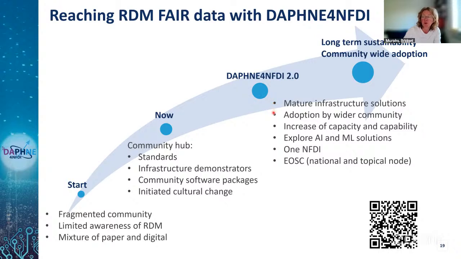And what we want to do there is move to mature infrastructure solutions to get adoption by the wider community, to increase the capacity and the capability of the solutions that we provide, to explore artificial intelligence and machine learning solutions across all of the research data management, to work together to provide one NFDI solution, and also to provide good data for the EOSC national and topical nodes.